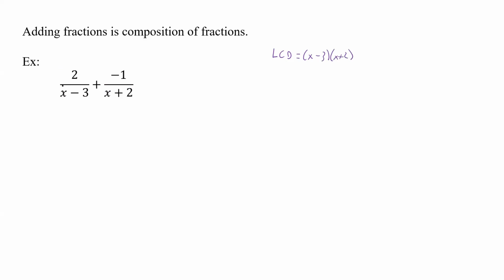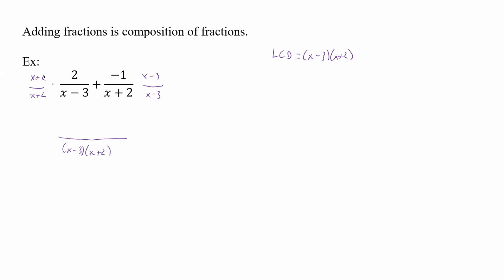To get that for both of the fractions, we have to multiply this one by x plus 2 over x plus 2, and we'll have to multiply this fraction times x minus 3 over x minus 3. When we do that, we're going to get one long numerator, and the denominator is just going to be x minus 3 times x plus 2.